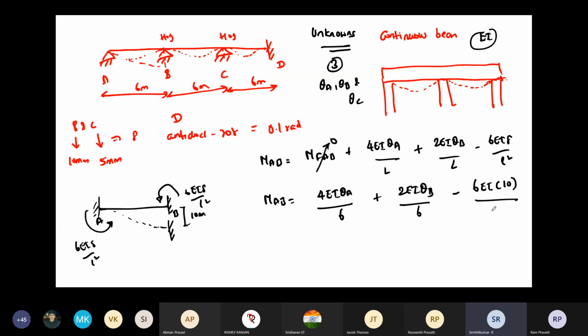So if delta is 10 mm, what you have to put for L is 6,000 mm squared, so I'm just making everything in mm. Okay, this is your MAB.